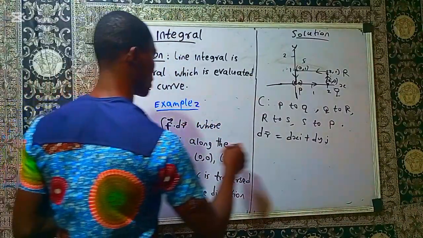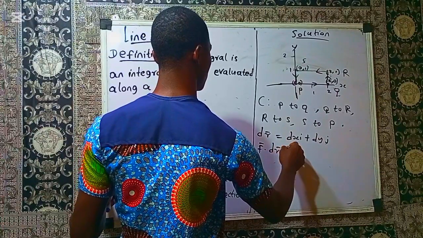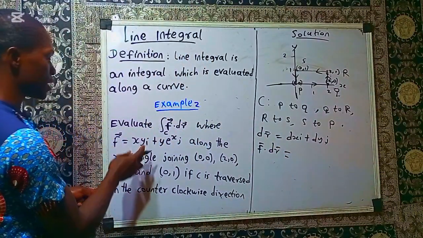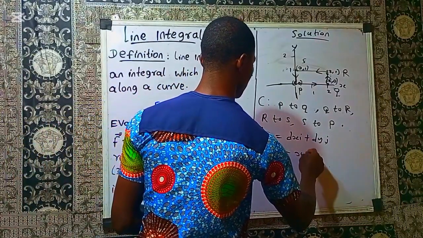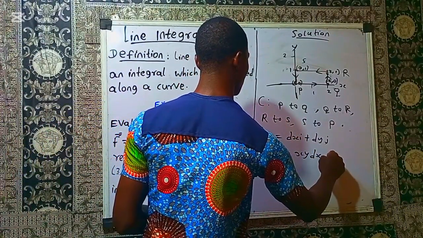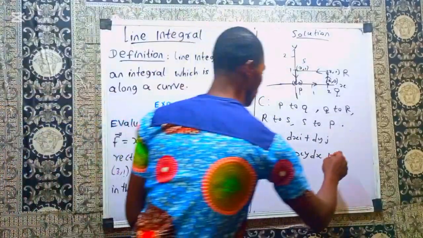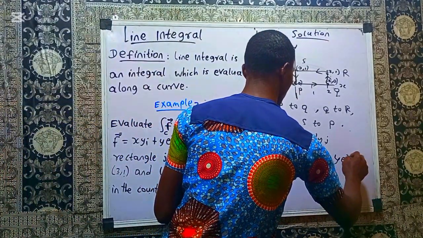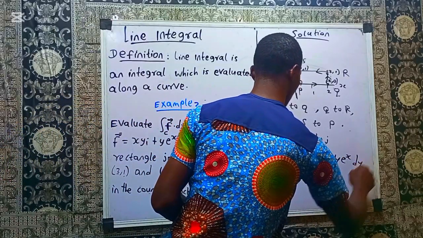So we do F bar dot dr bar: i component times i component, the i component here is xy, multiplied by dx, plus j component times j component. The j component here is y e^x, multiplied by dy.